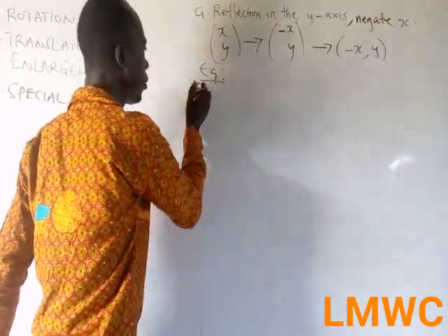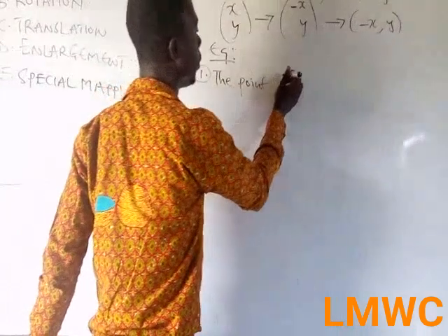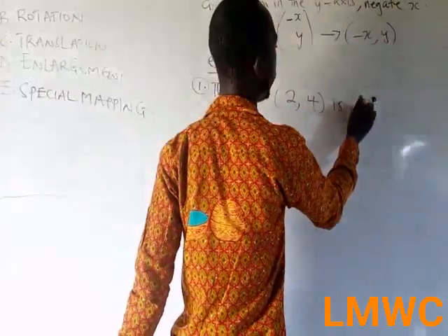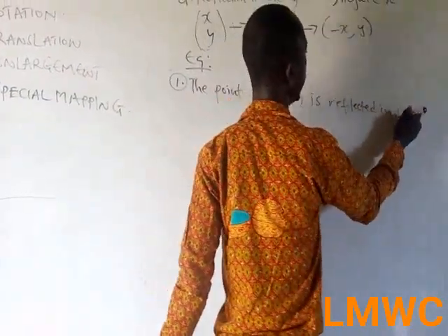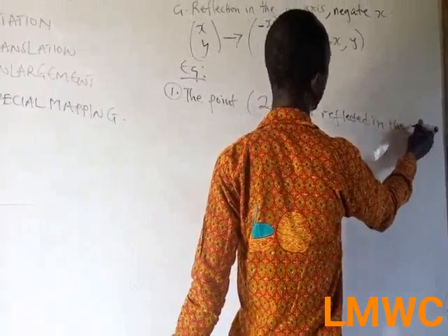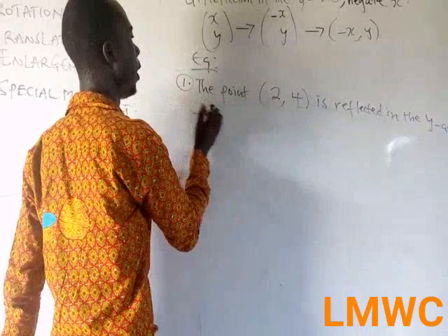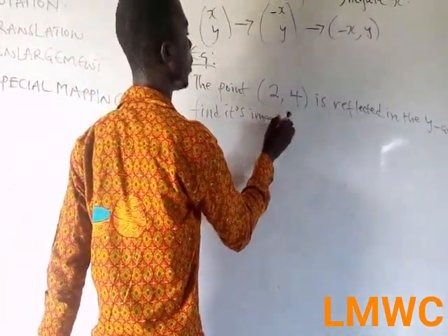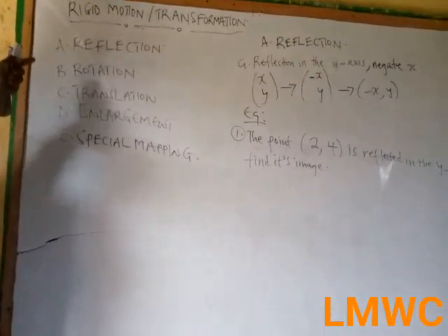Example 1. The point (2, 4) is reflected in the y-axis. Find its image. Take note that there is a difference between rigid motion and transformation.